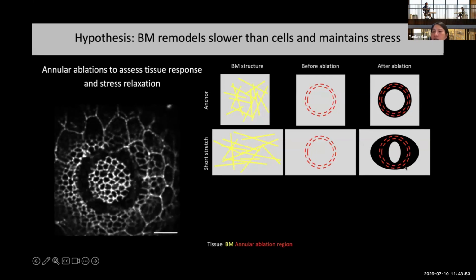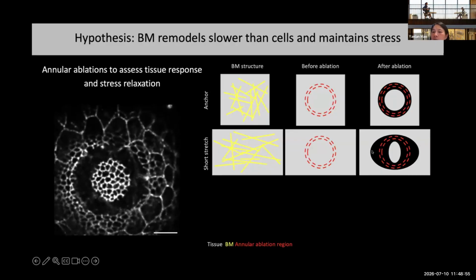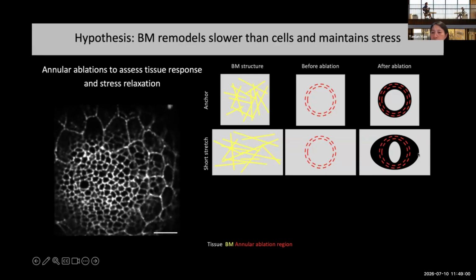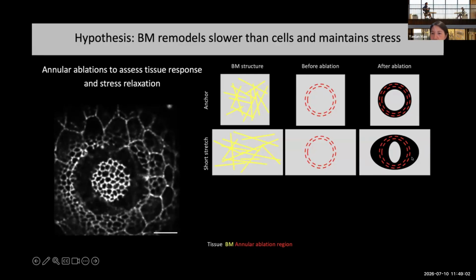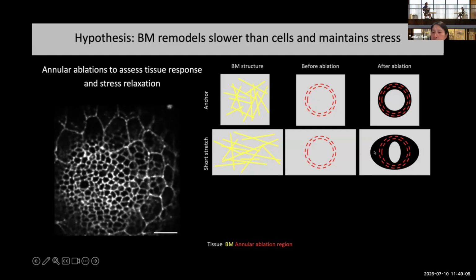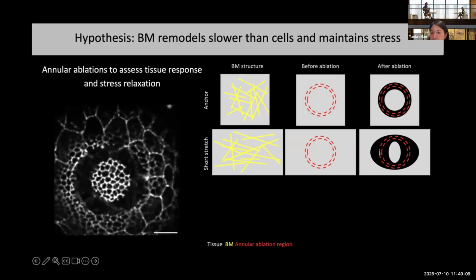Okay, so the outer ring will now deform into an ellipse with a longer major axis along the axis of stretch. This is simply because there's more tension on the x-axis. So basically, this should deflect more than this. Hopefully, you can see my mouse.